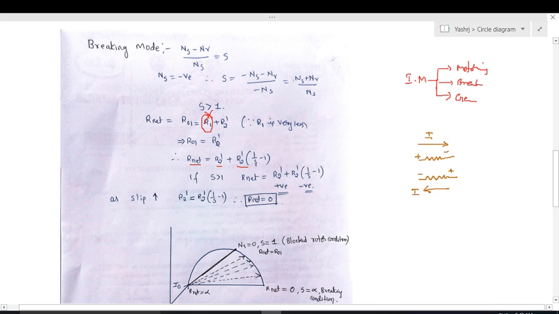So the net resistance will be R2 dash plus R2 dash into 1 by S minus 1. Look at this one. Under braking mode condition, slip is greater than 1. If slip is greater than 1, let us take 2. Then 1 by 2 is 0.5.